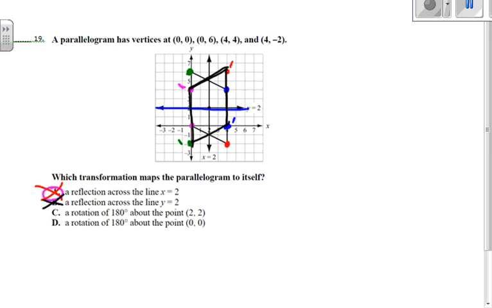Okay, it wants to know if you rotate around 2, 2, 180 degrees. So if you take this point right here, and you go 180 degrees around, let me put a star at the point 2, 2 as the center. To get to that blue point, I would have to go up 1, 2, 3, 4, up 4, and I would have to go left 1, 2.